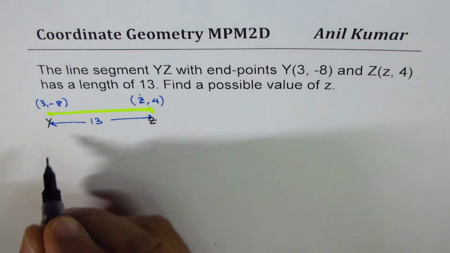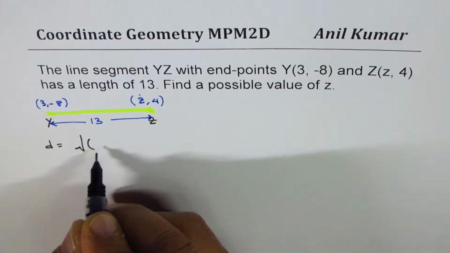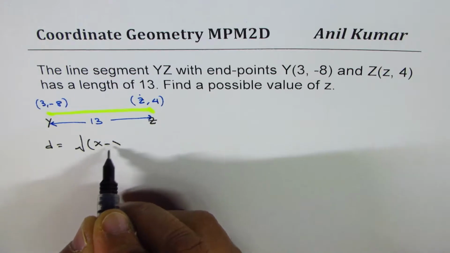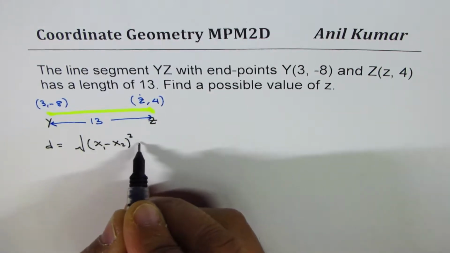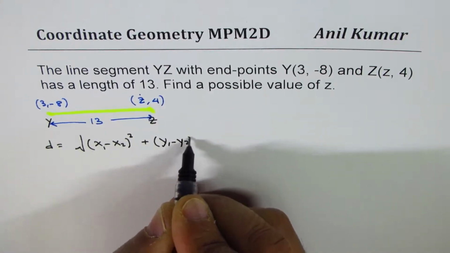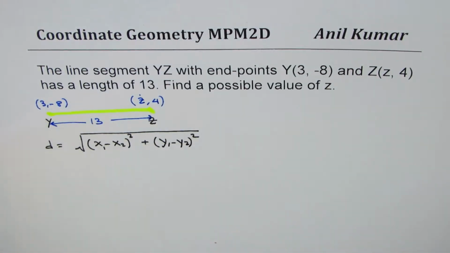So we know the distance d could be written as the square root of (x1 minus x2) whole square plus (y1 minus y2) whole square, correct? So that becomes the formula to begin with.